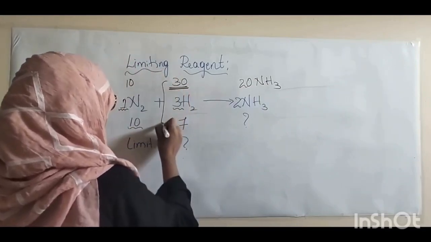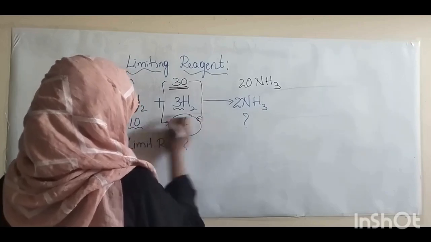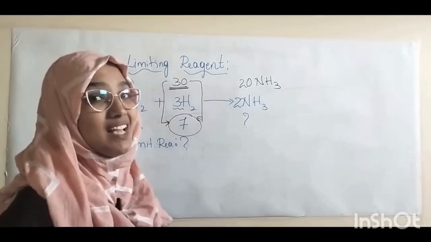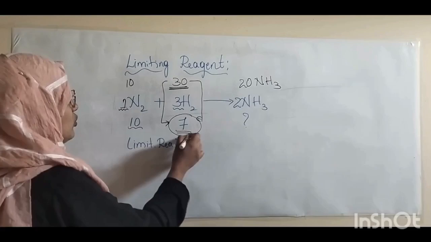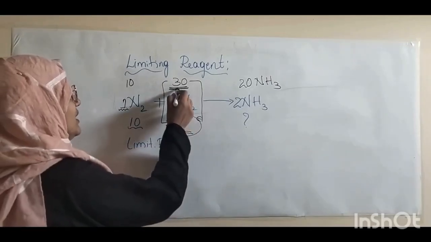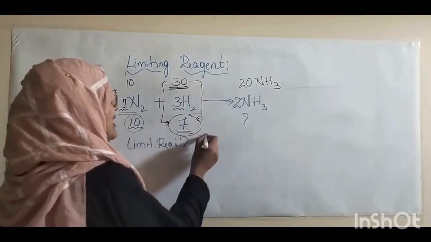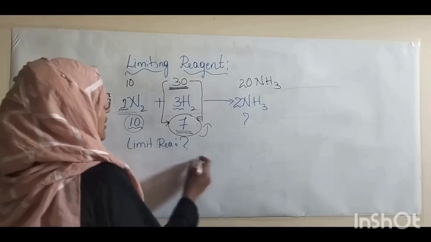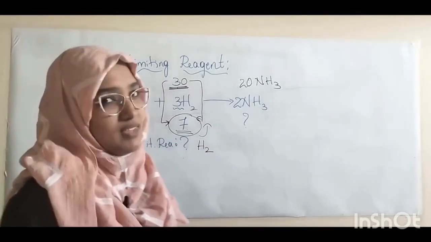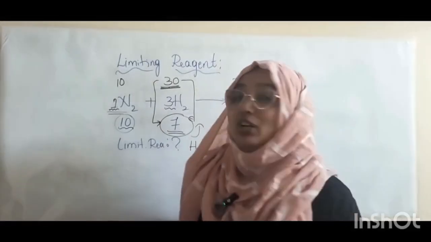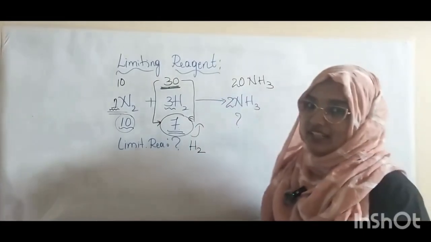But my dear kiddos, can you please check how much hydrogen we have? 7 moles. That means these 7 moles are not enough for 10 moles of nitrogen. So it will be consumed earlier and our limiting reagent is hydrogen. Simple. That's how you check which is the limiting reagent.